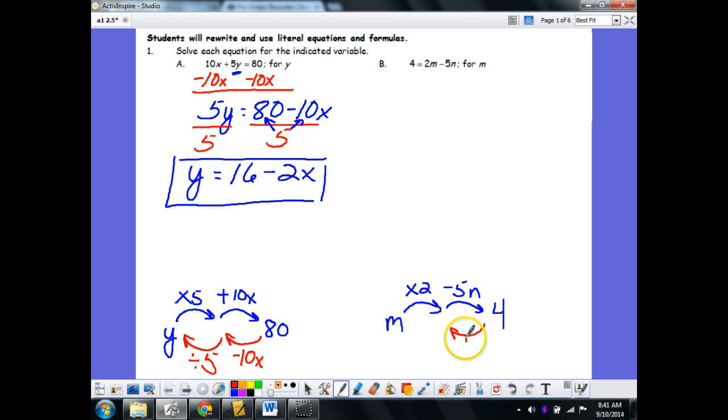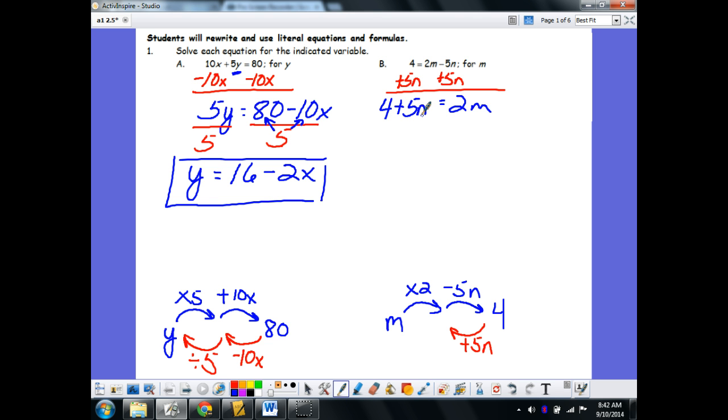To undo subtracting 5n, we add 5n to both sides. So we have, as a result, 2m equals, again, we cannot combine the 4 and the 5n because they are not like terms, so we're going to rewrite that as 4 plus 5n.